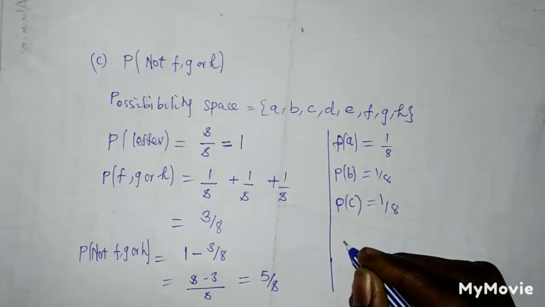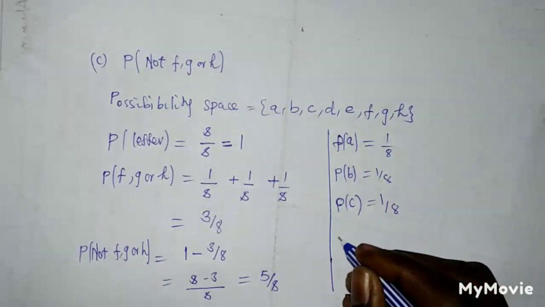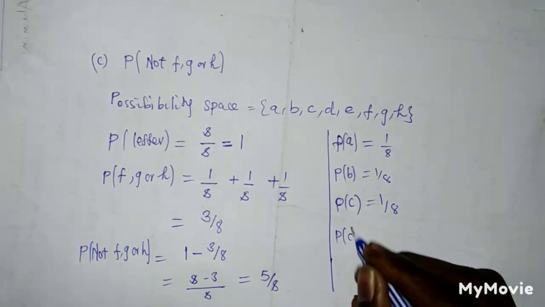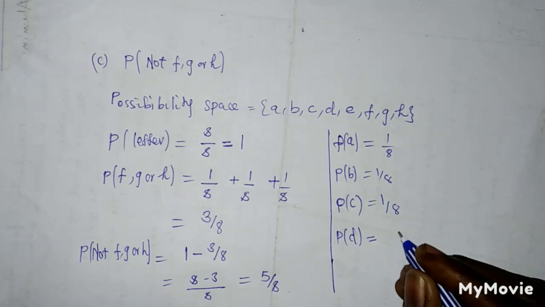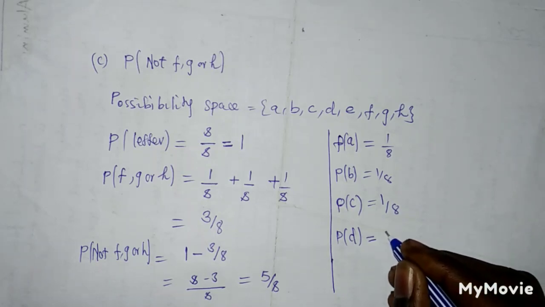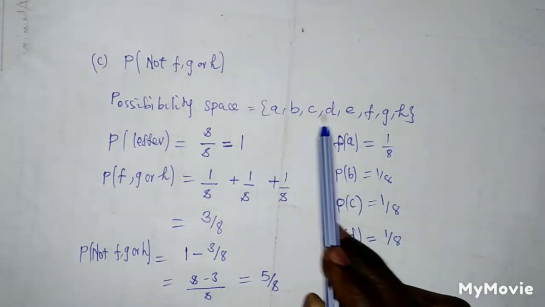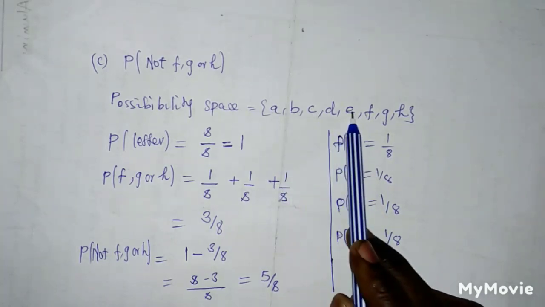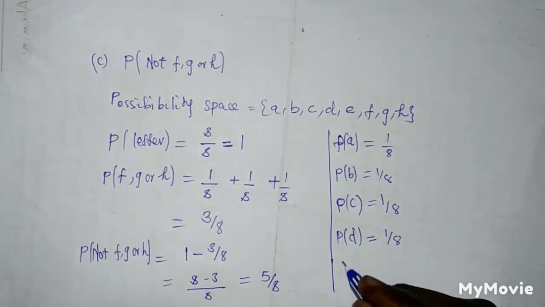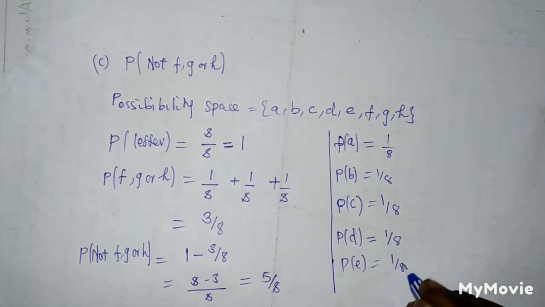The probability of picking a D letter will be equal to 1 over 8. The probability of picking E will be equal to 1 over 8.